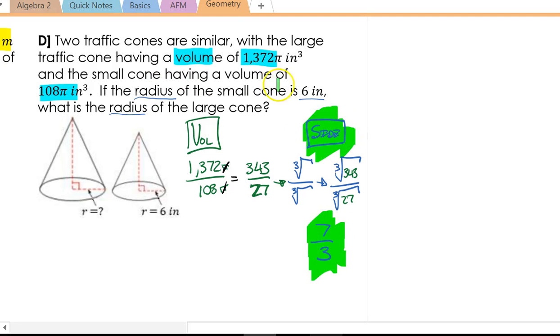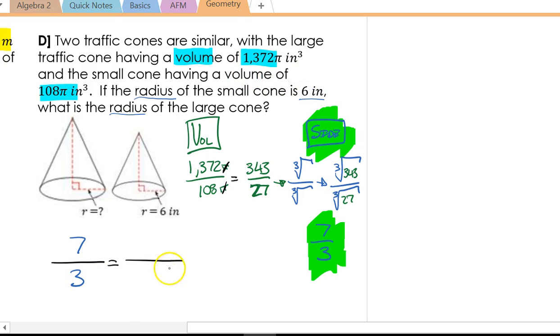Well, I know that the radius of the small cone is 6. I want to find the radius of the large cone. So what I really want to set up here is a proportion where we can take this 7 over 3, which is the ratio of the volumes transferred into the ratio of the sides, and use the 6 inches of the radius of the small cone.